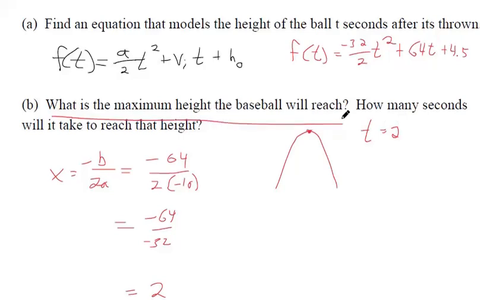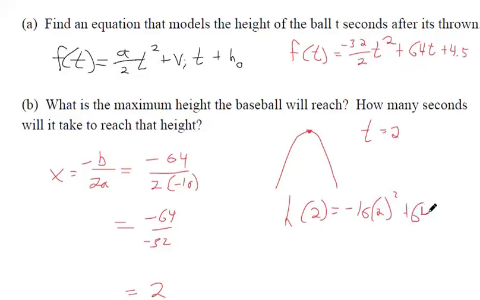Now, what is the maximum height? That's what this part of the formula tells you, and that's why I was saying maybe we should call it h of t. If you plug in 2 seconds into the function, negative 32 divided by 2 is negative 16, then that will tell you the height that you reach at your maximum.